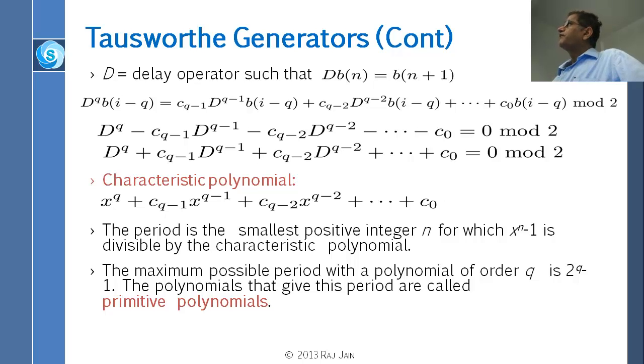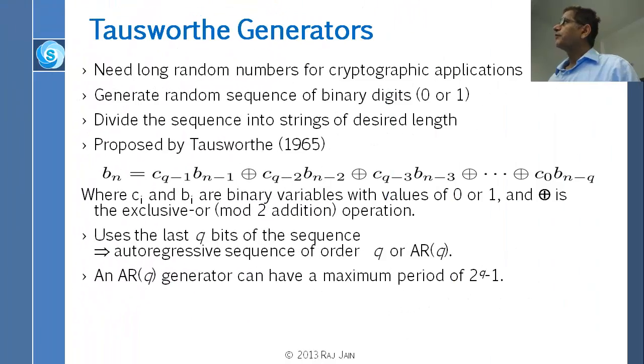If we apply d q times to bn minus q, basically what I'm doing here is rewriting this formula, bn equal to this, and writing everything in terms of bn minus q.